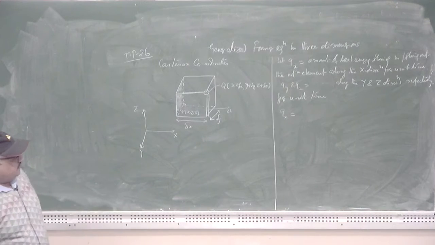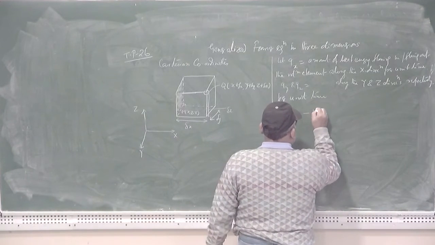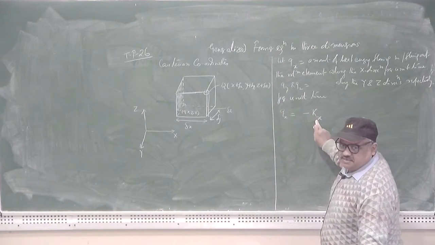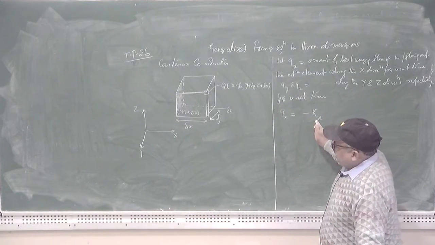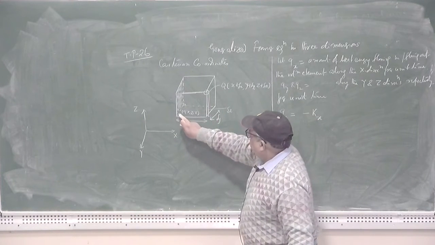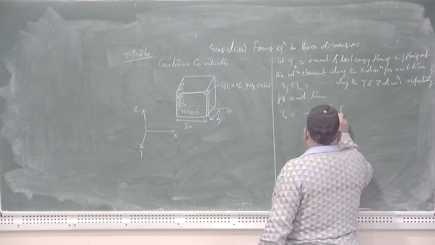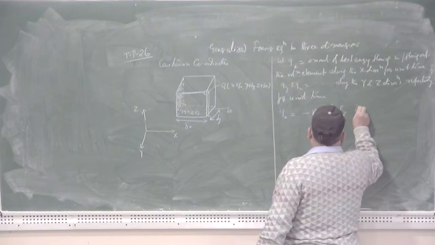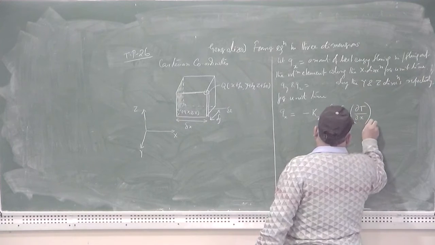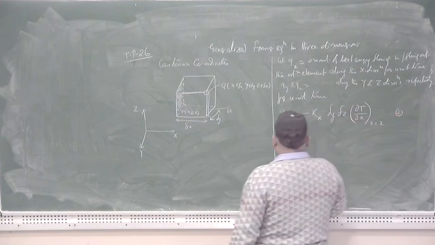So qx can be written as minus the component of the thermal conductivity along the x direction, kx, times the area perpendicular to the x axis, that is delta y into delta z, times the normal temperature gradient, del T by del x at x equal to x. Let it be equation number 2.